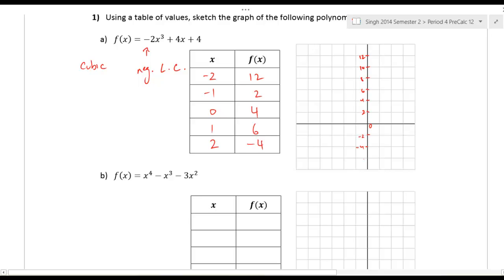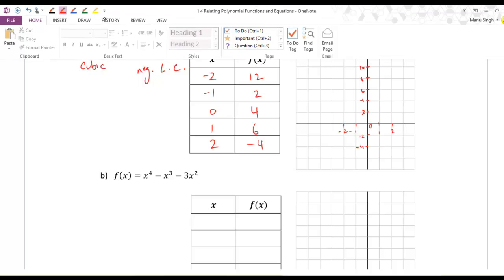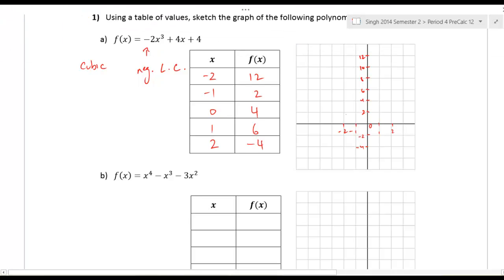It'll be 1, 2, negative 1, negative 2. I'm going to plot those points: negative 2, 12; negative 1, 2; 0, 4; 1, 6; and 2, negative 4.